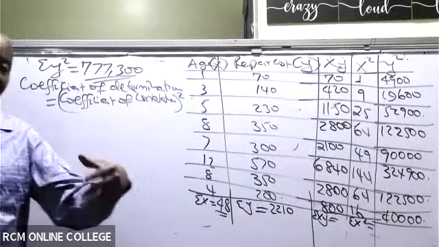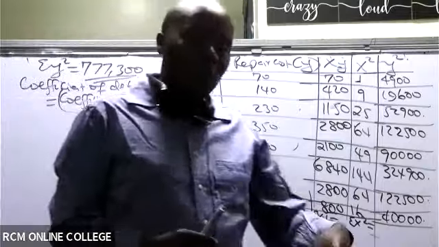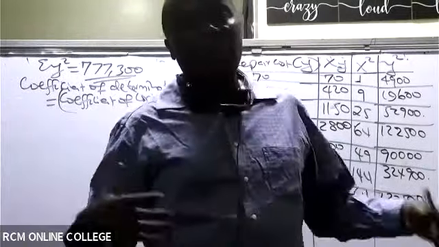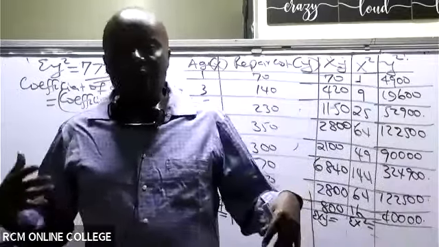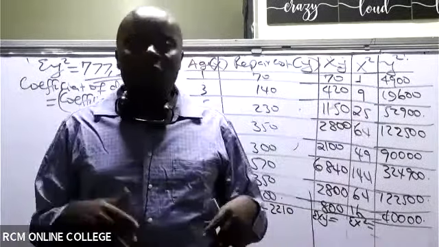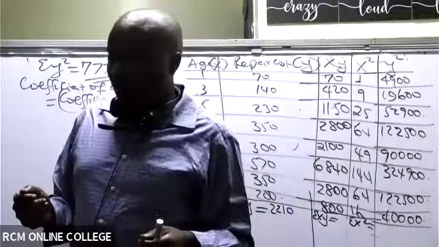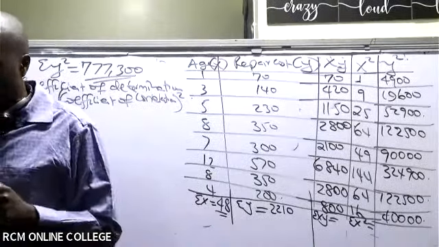So anytime they ask you to give them coefficient of determination, always remember that this is a child of the correlation coefficient. You simply square the coefficient of correlation to get coefficient of determination, like that.